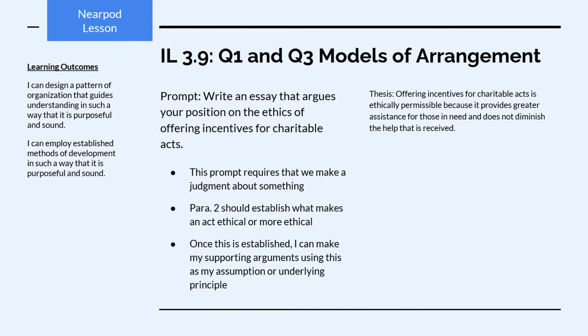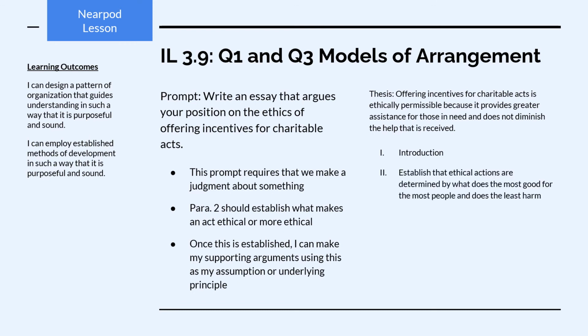I don't need that third one now because that third body paragraph is going to be taken up by priming the audience. To support that thesis, of course, I need an introduction where I engage the audience. My second paragraph, here's the critical one, where I prime the audience. I want to establish that ethical actions are defined by what does the most good for the most people and does the least amount of harm.